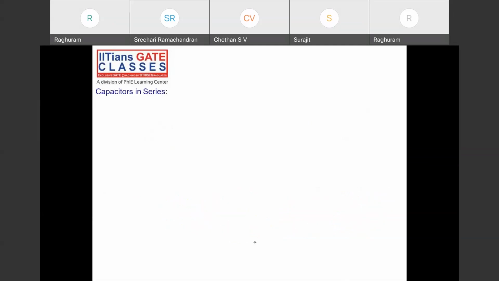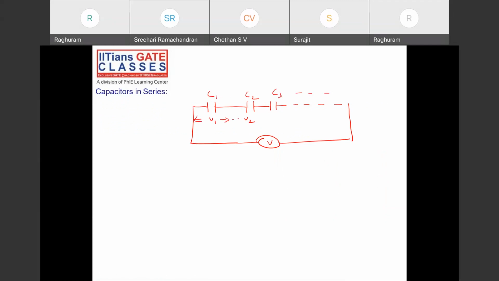Next topic, capacitors in series. Okay, this is V1, V2, C1, C2, C3, and so on. This is voltage V1, V2, V3, and so on.